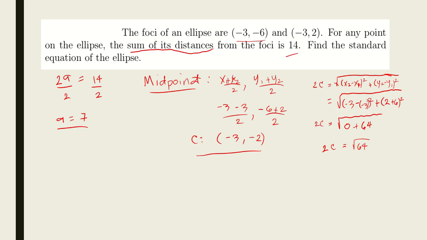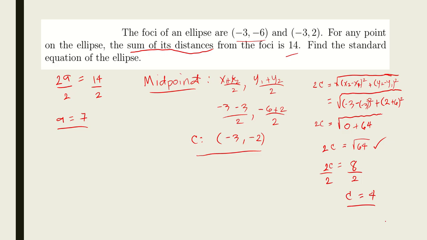Yes or no? So in that case, since it is still in a square root of 64, what is the square root of 64? 2c is equal to 8. It's very obvious that square root of 64 is 8. And then we need to make use of the division of 2 because we are solving for the c only. C is equal to 4.